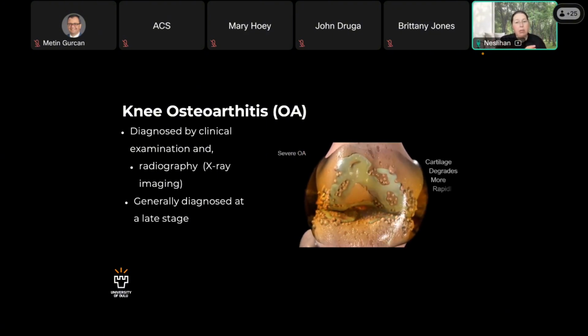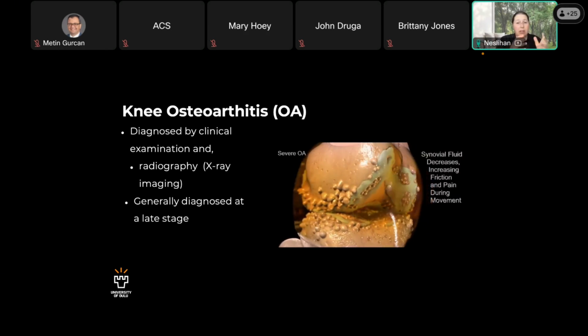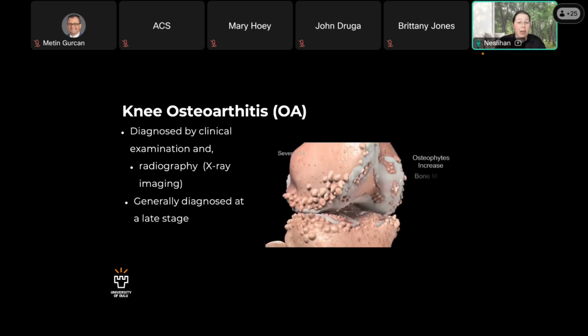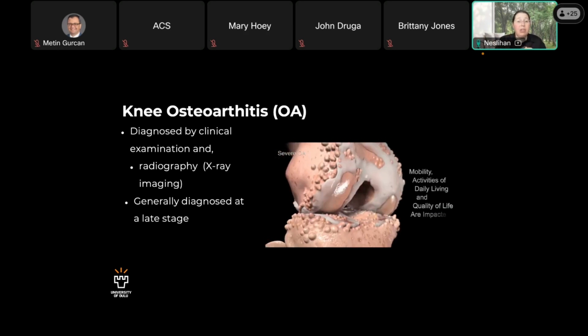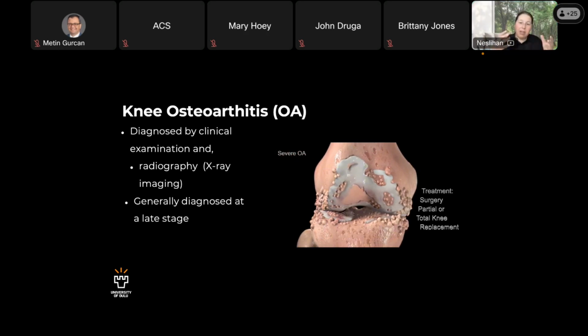Currently, OA is diagnosed by clinical examination and usually with X-ray imaging. And if needed, other imaging modalities like MRI are used. But generally, it is diagnosed at a very late stage. Therefore, it's very difficult to manage the disease after this point.